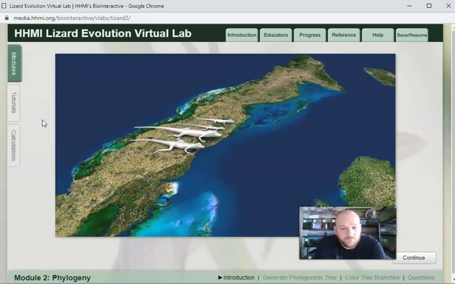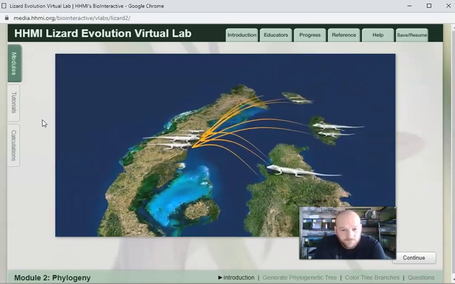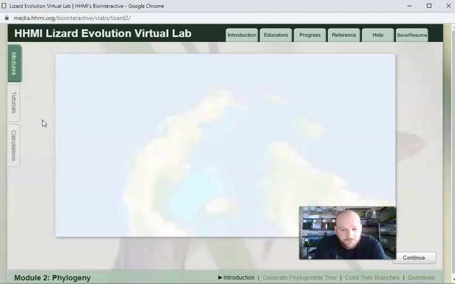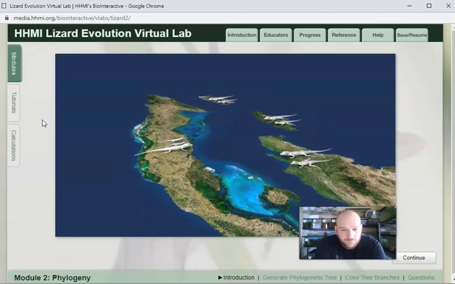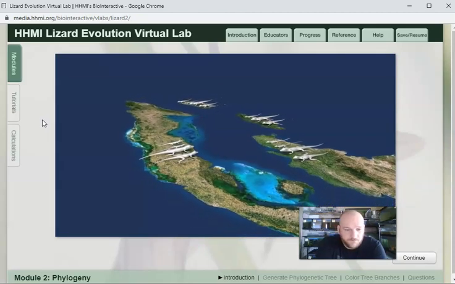Did each body type evolve once and then spread to the other islands? Or did each type evolve independently on each island?